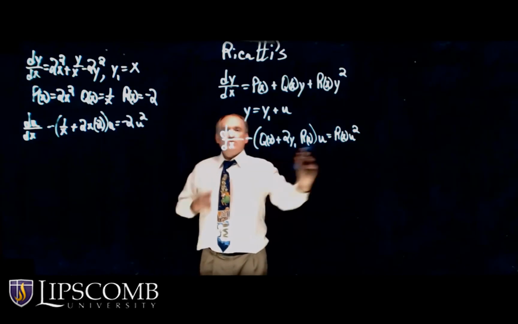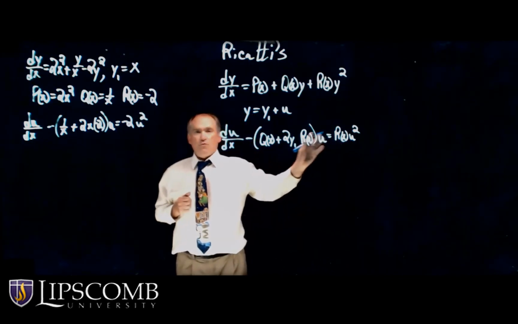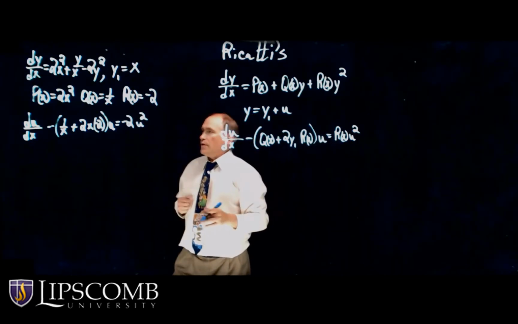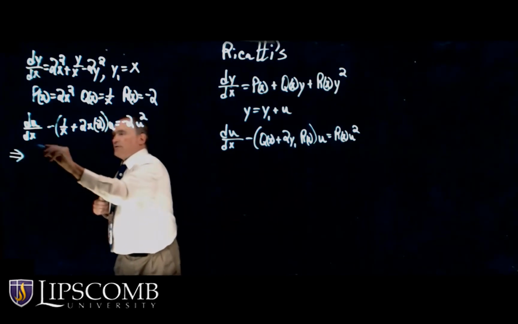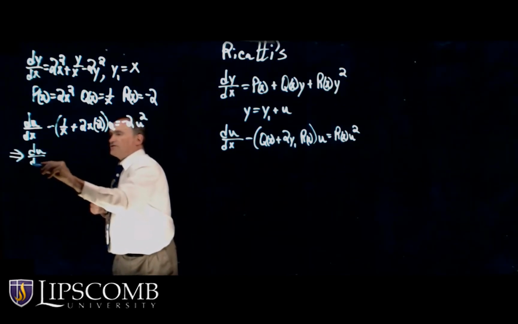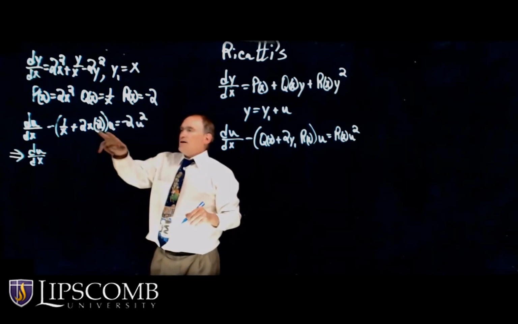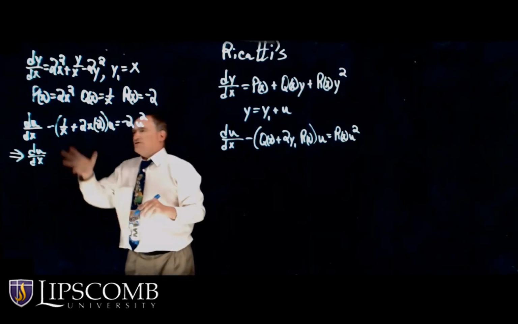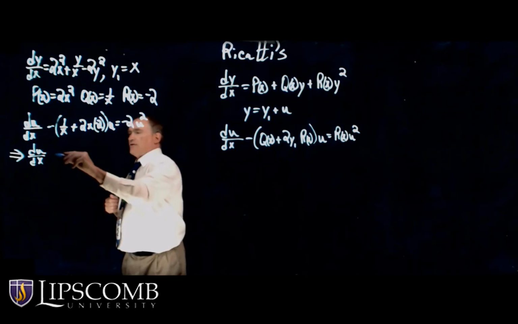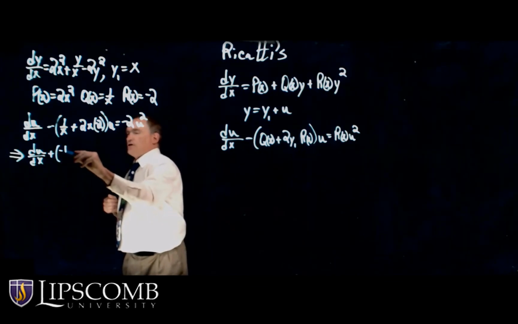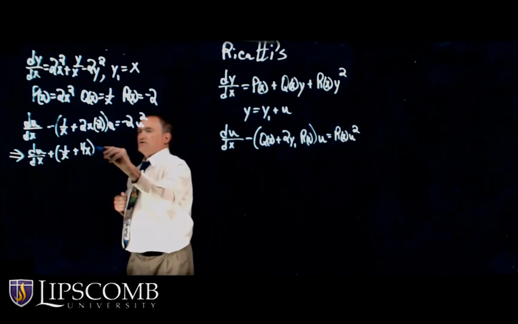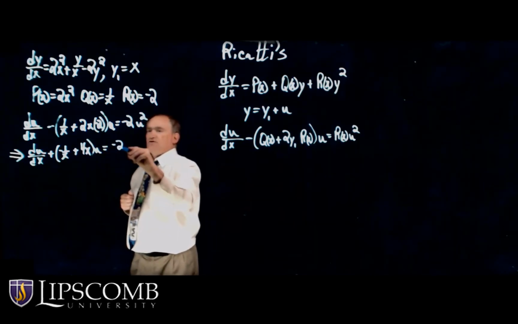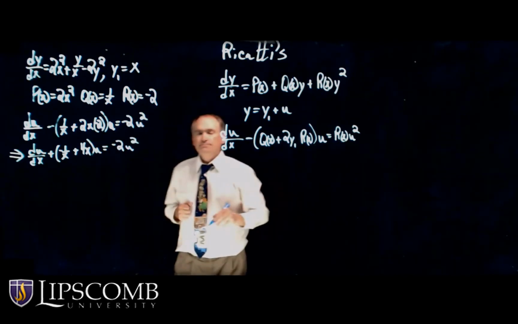So all I did was plug it into this form of the differential equation. So let's straighten it up a bit. du/dx. So I got a minus 4. So let's take it through. So I've got a plus negative 1 over x plus 4x times u equals minus 2u squared.